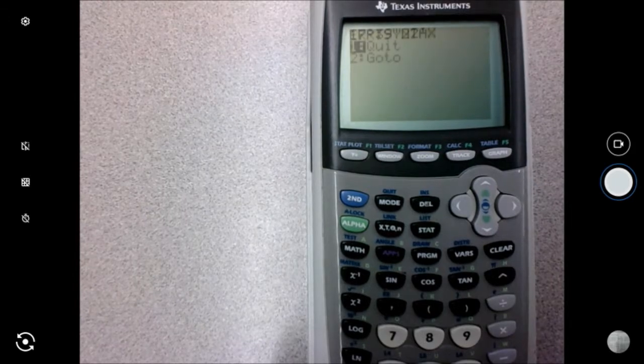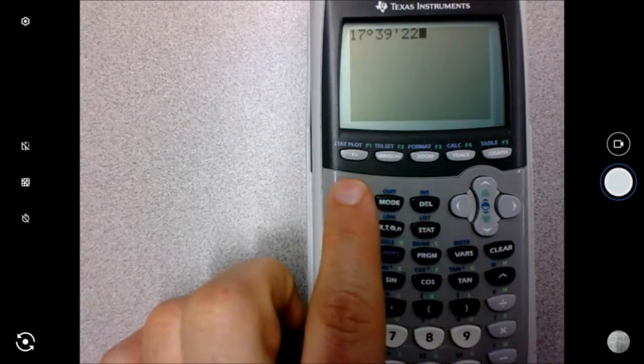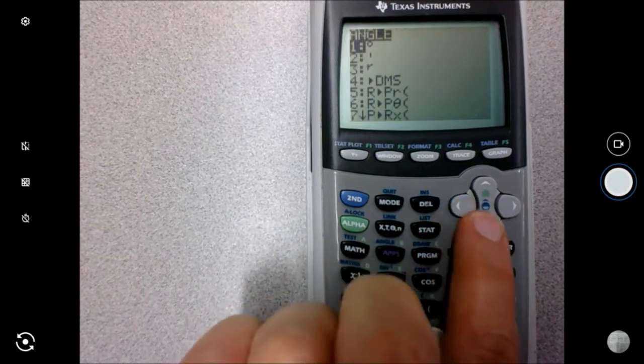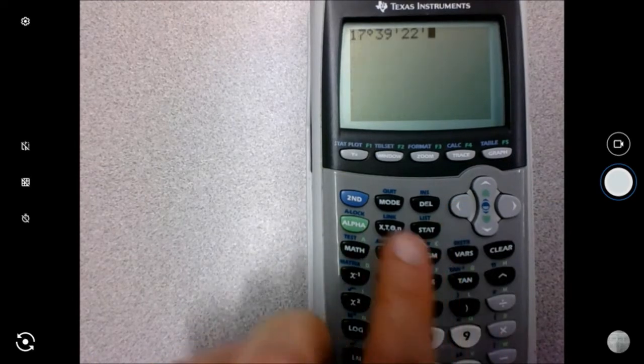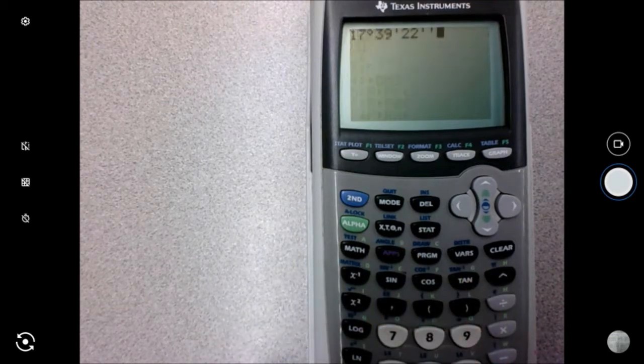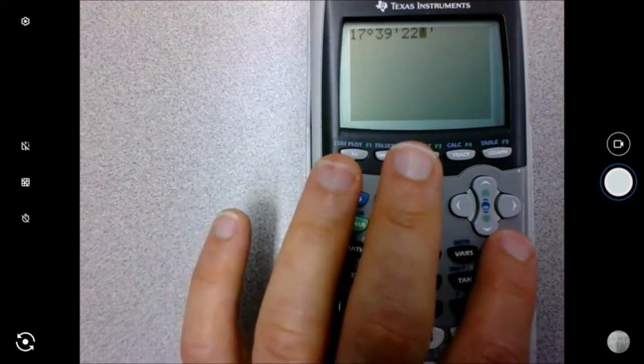I think that'll do it for me. Nope. Maybe this will do it. Do it again, maybe. Nope, didn't like that. Okay, I'm not entirely sure how to get the seconds on this calculator, but that's okay.